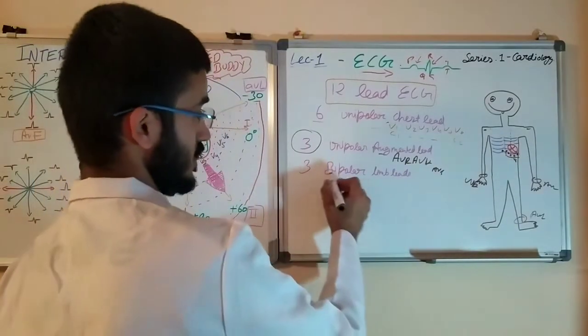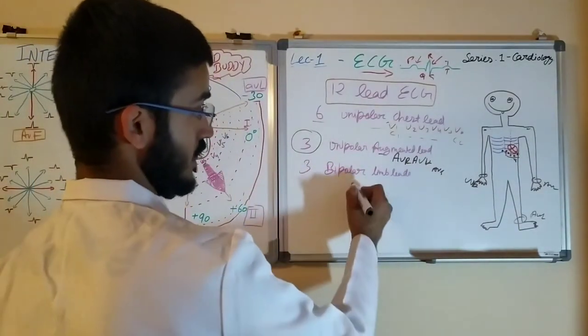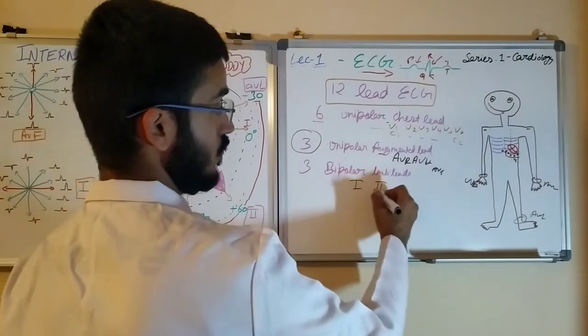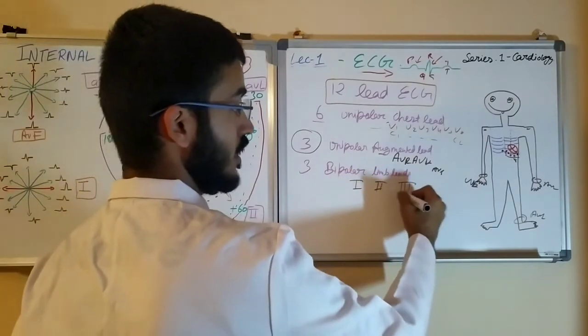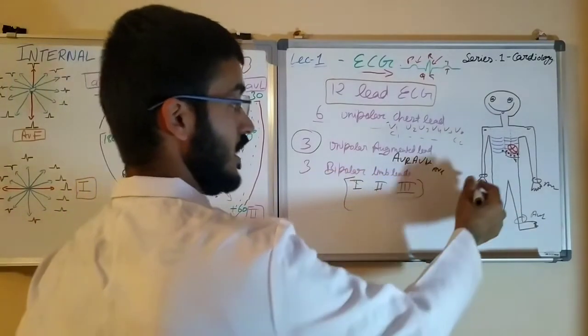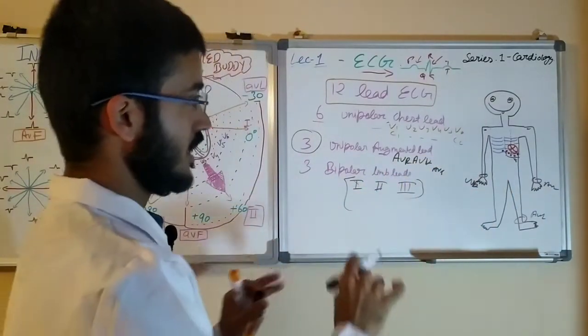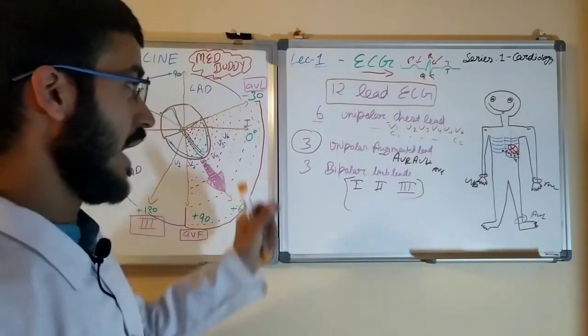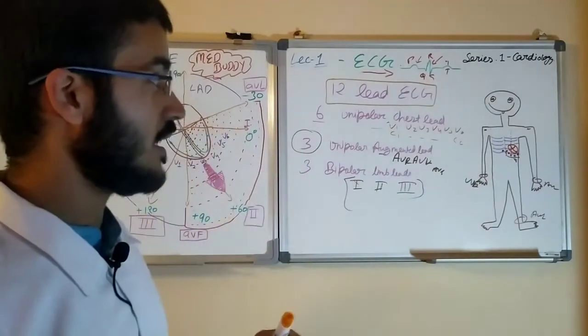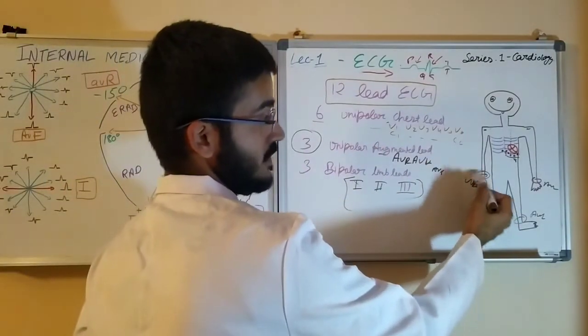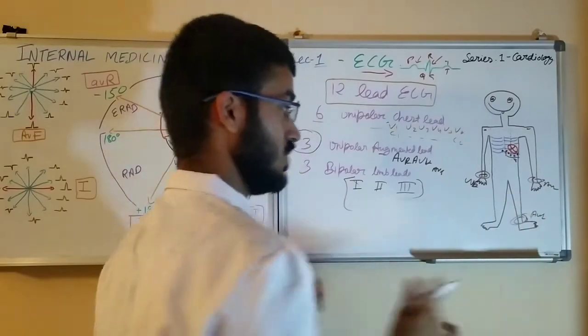And last come the bipolar limb leads that are named 1, 2 and 3. The unipolar augmented limb leads and bipolar limb leads are in the same apparatus. They are in the same instrument and they are placed in the same place.